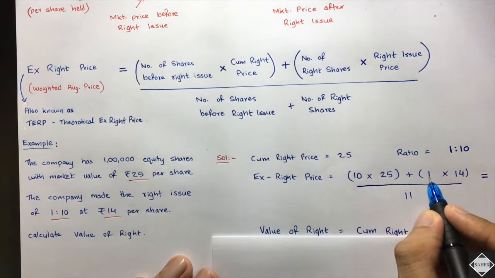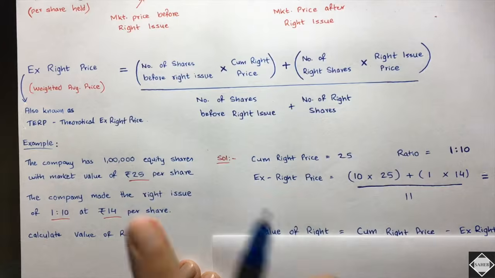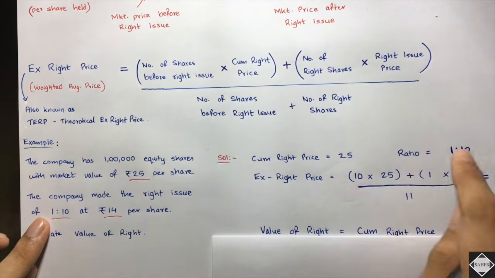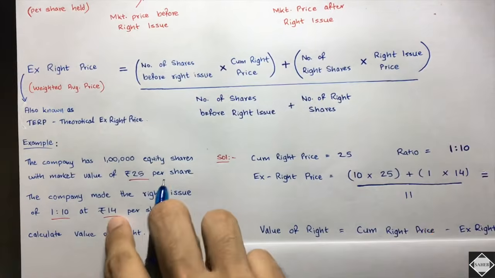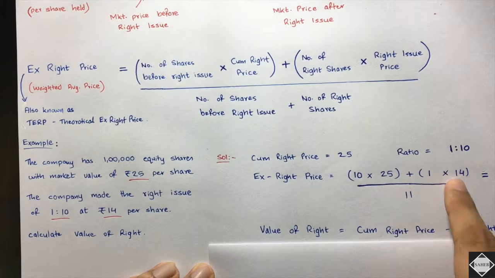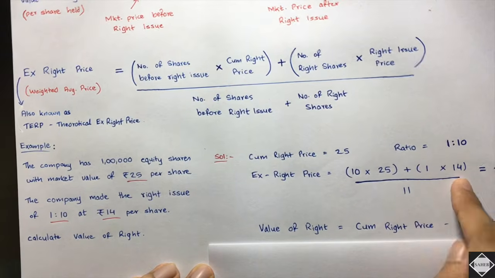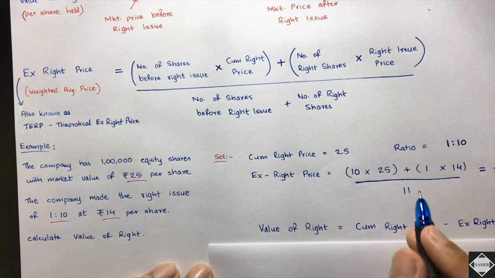Plus 1, the number of right shares according to the ratio, into right issue price, offer price, subscription price, 14. So 1 into 14, divided by the total number of shares after the right issue.